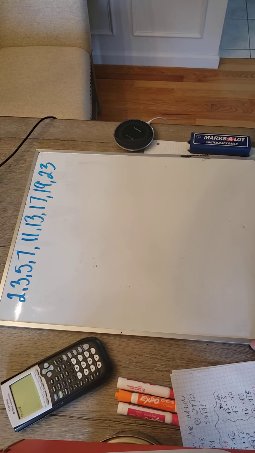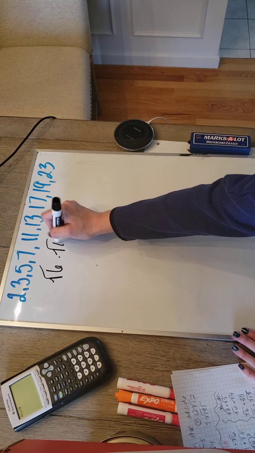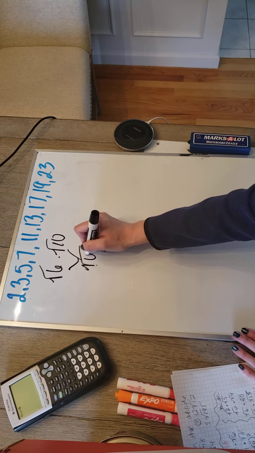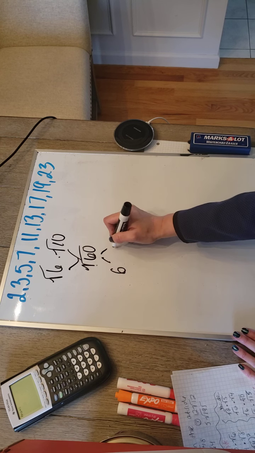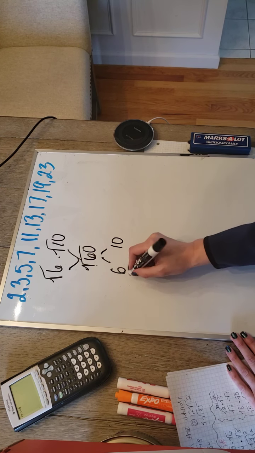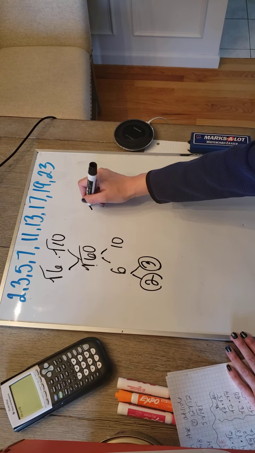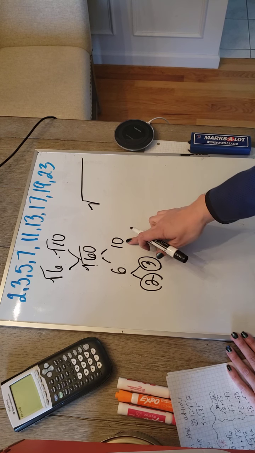All right, the third one was root 6 times root 10. Multiply those together and you get 60. Automatically, you know 6 and 10 are your factors. They are not prime. So this breaks down to 2 and 3. You cannot write the numbers under your radical yet because 10 is not circled.